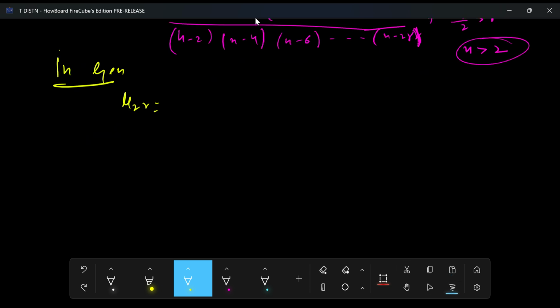So in general, mu 2r is equal to n by n minus 2. That is not mu 2r, that's simply the variance, that's mu 2. In place of r, put 1 in this equation.